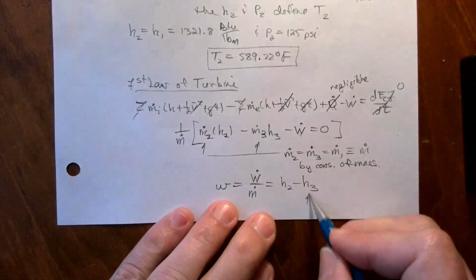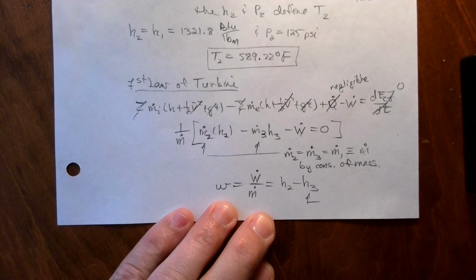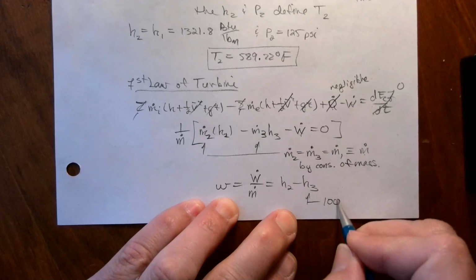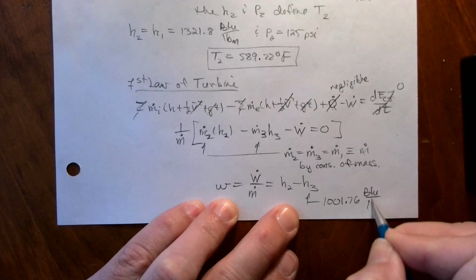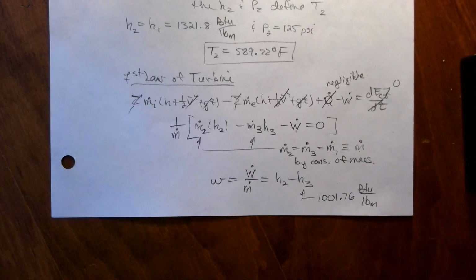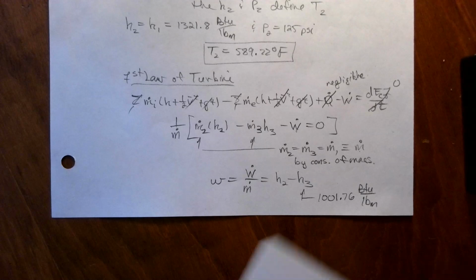So now we just need to figure out the properties at state 3, since that state is defined. It turns out that h3 is 1001.76 BTUs per pound mass.